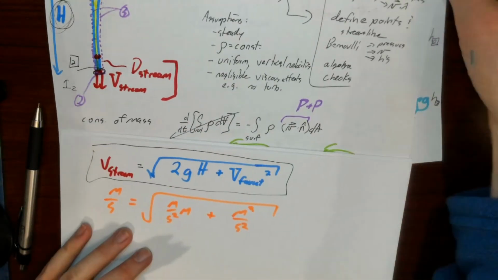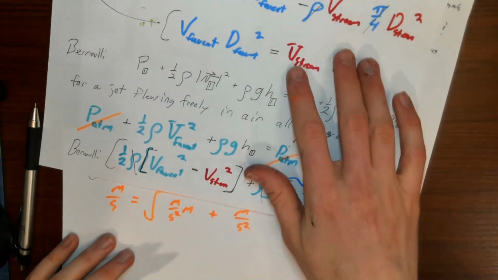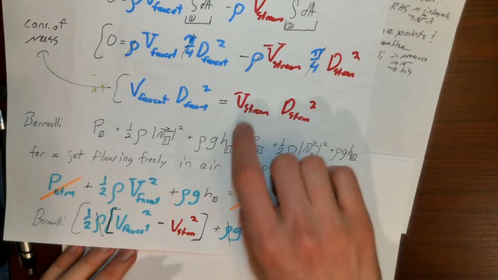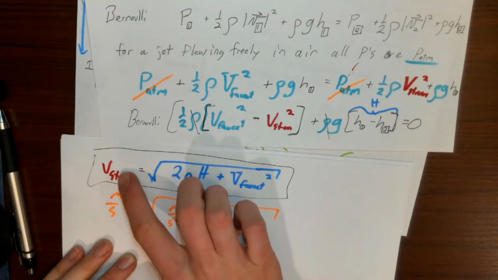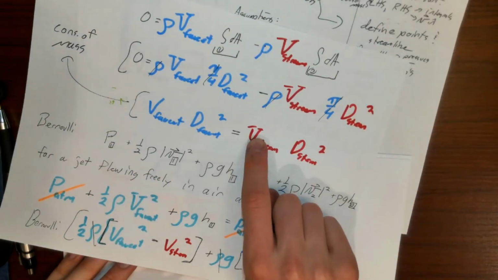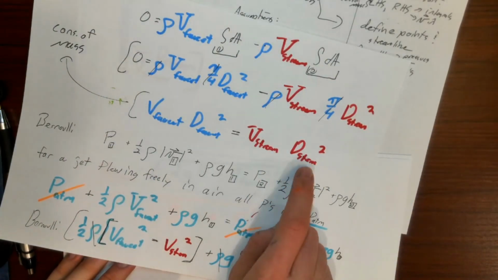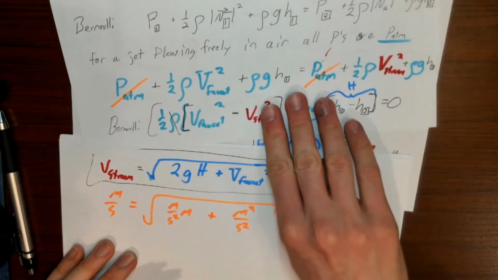Now we can use a little bit more algebra. We can basically plug that into this equation right here. Now that we have the velocity of the stream, we can plug it into this equation and then solve this equation for the diameter of the stream.